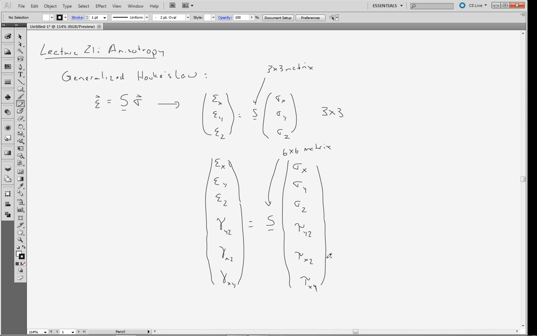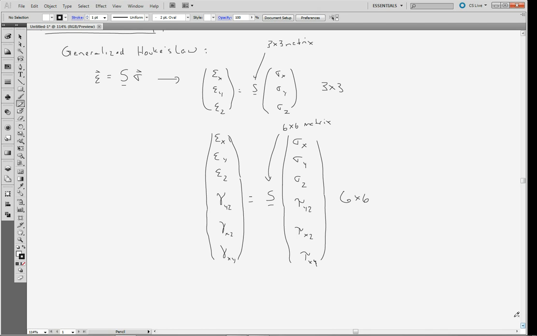So for generalized Hooke's law, we can either write the individual equations like we started with in the last class, or we can switch to the generalized matrix form, where you have a 3x3 relationship here, or a 6x6 relationship here.